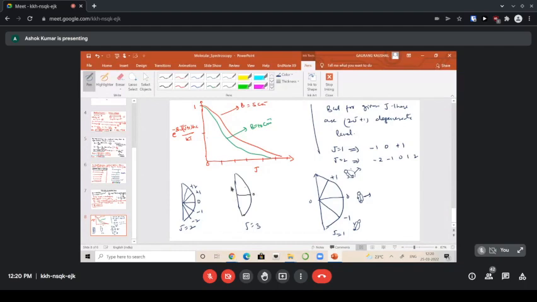This is 0, and it can be plus 3, plus 2, plus 1, minus 1, minus 2, minus 3. So 2J plus 1, that is 7 different orientations of the rotation of that particular molecule, and so on.